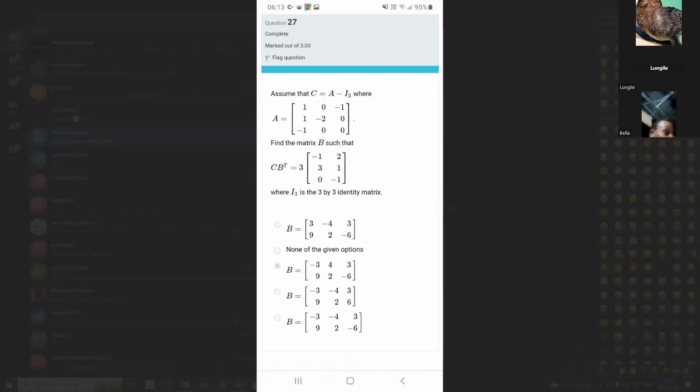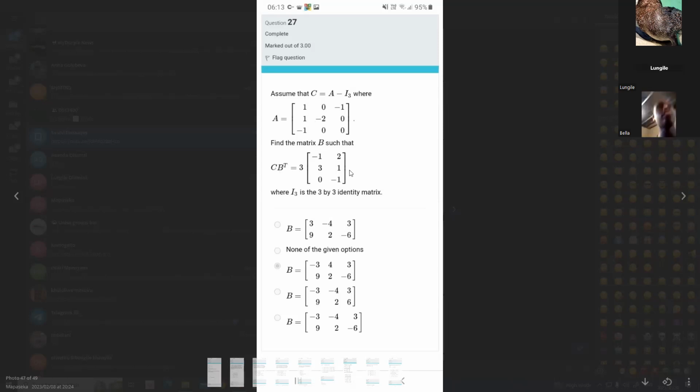If you know what you can expect, what you want, then it'll be easy. Because here you know that the answer must be a 3 by 2, not a 2 by 3. They were testing if you know how to multiply matrices and that you know how to remove the C. You multiply it by C minus.